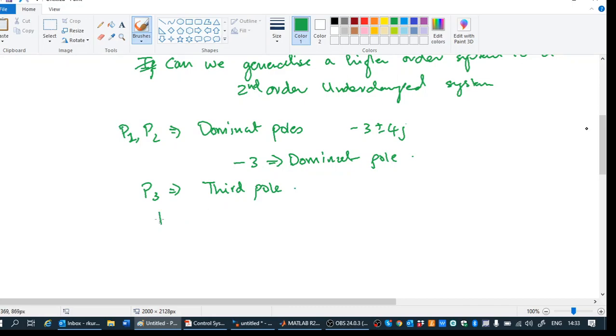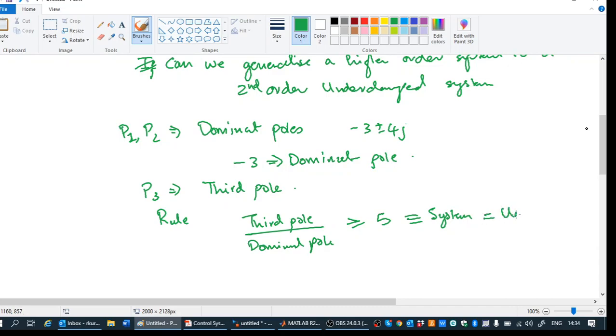Now the rule states that when you take the ratio between the third pole and the dominant pole, if that ratio is greater than or equal to 5, then the system is equal to an underdamped second order system. This is the general rule that we have.